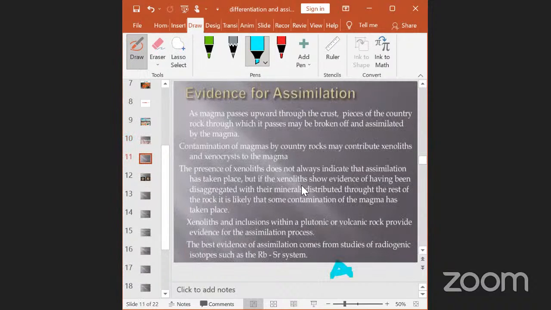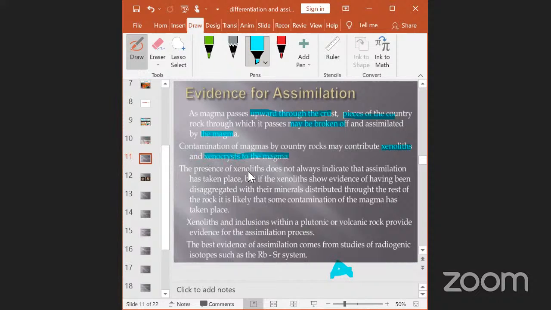Evidence for assimilation: you see this as magma moves upward, I already told this, upward through the earth's crust. Pieces of the country rock through which it passes may be broken off and assimilated by the magma. So contamination of magmas by country rocks may contribute xenoliths and xenocrysts to the magma.